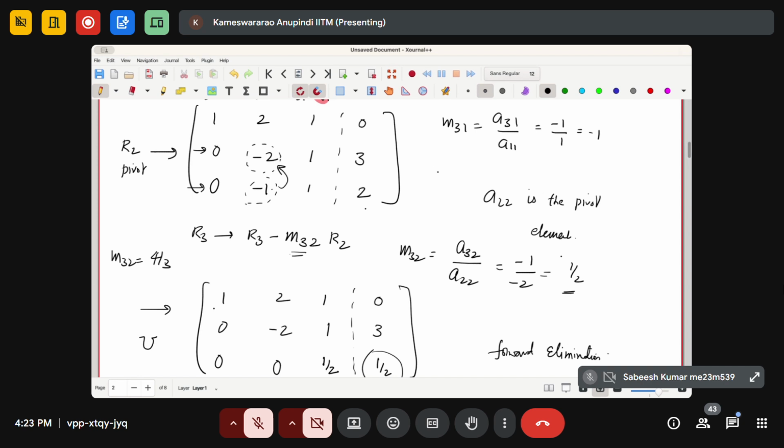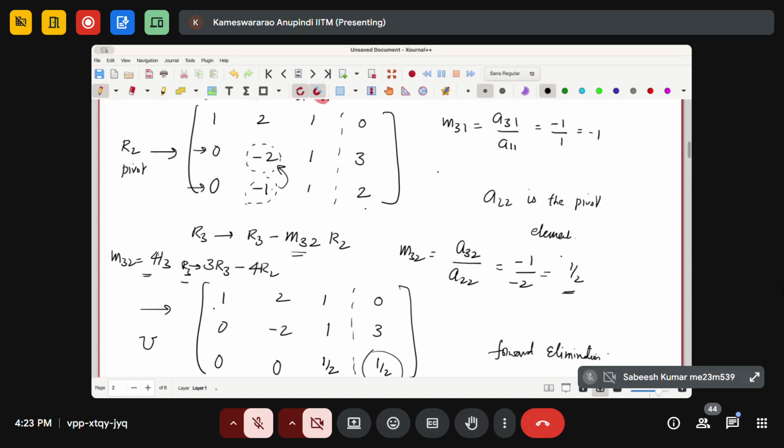In that case, you multiply row 3 with 3, and row 2 with 4, and then perform the operation. Your R3 becomes 3 times R3 minus 4 times R2. Whatever suits our operation best, we can choose.